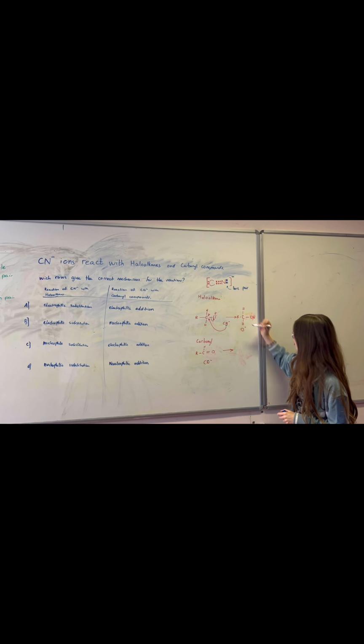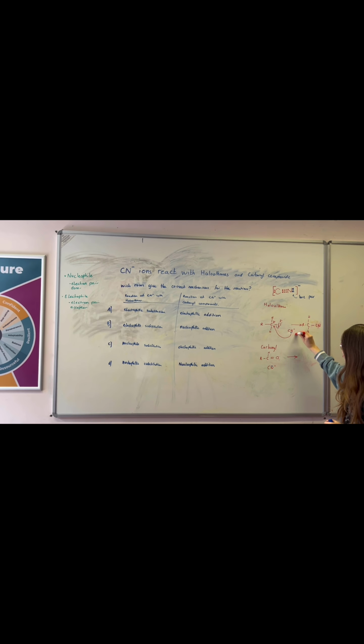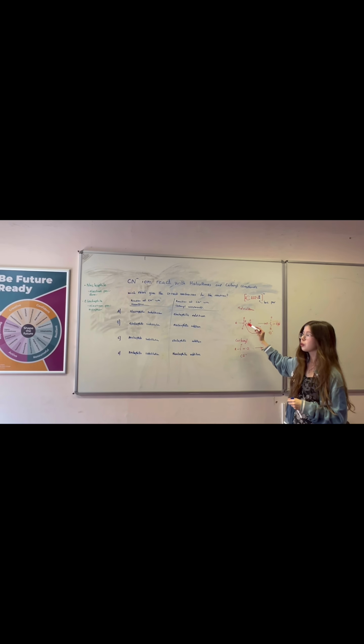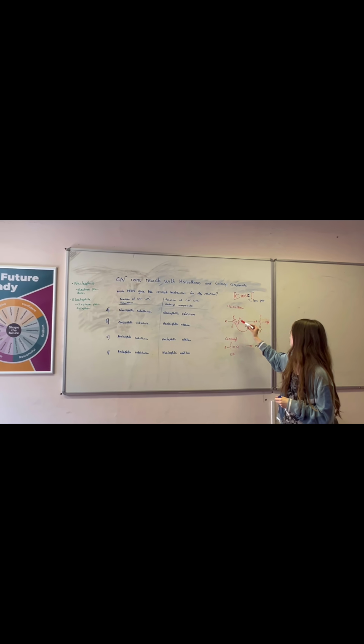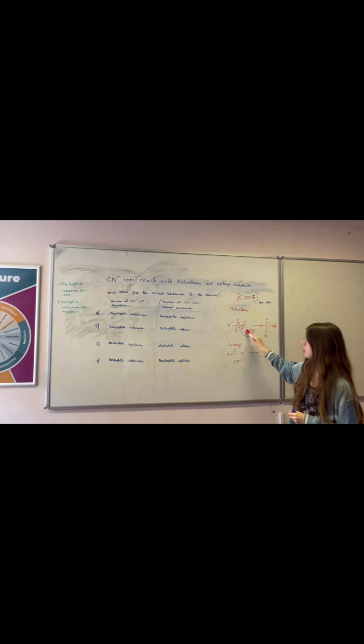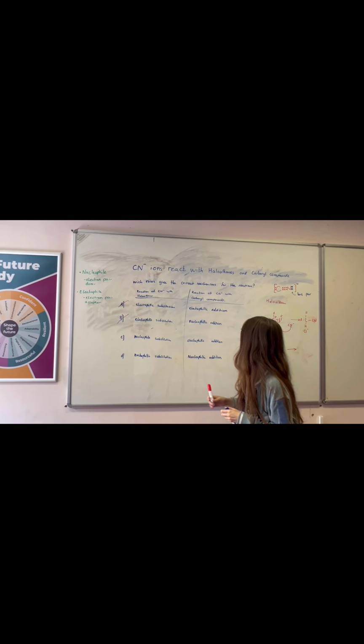And so if we go back to the question, now we know that because the cyanide ion has donated an electron pair to the carbon, it has substituted it nucleophilically. So we know out of the options it cannot be A or B because those are electrophilic and this is nucleophilic.